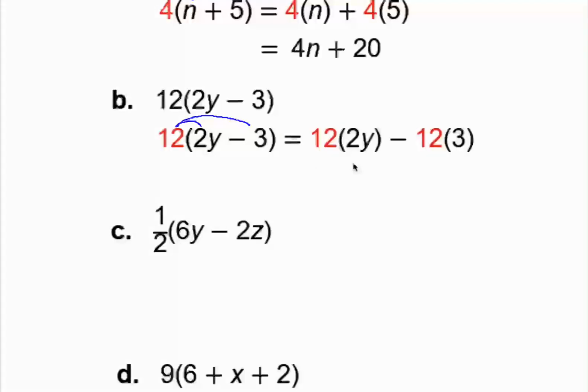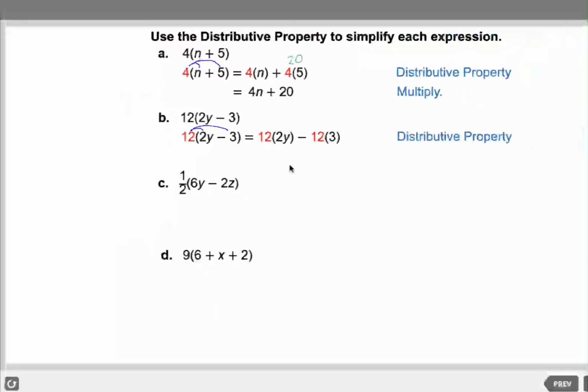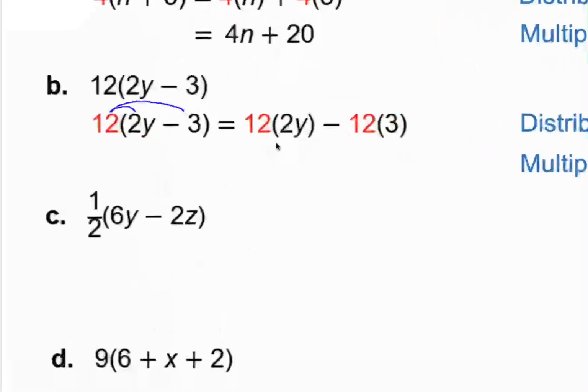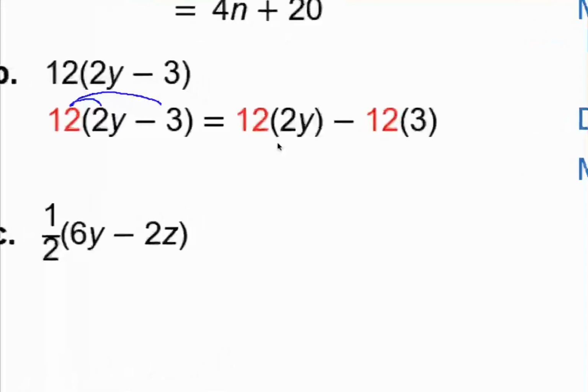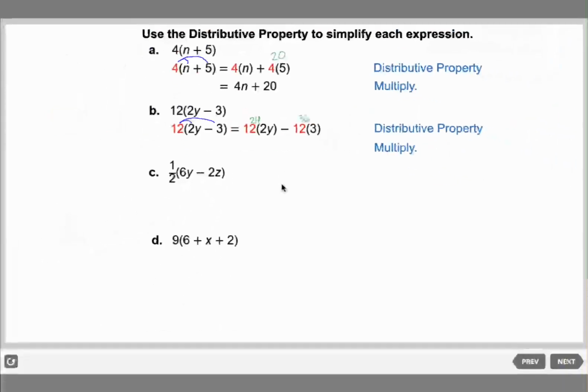So it will be 24. 12 times 2 equals 24. You should multiply 12 by 2, so it will be 24y.